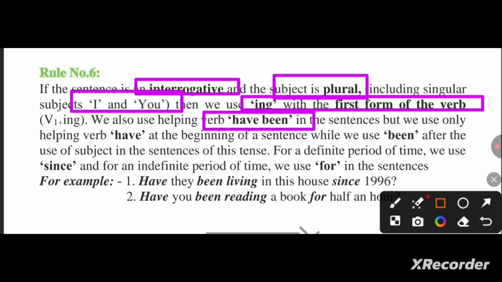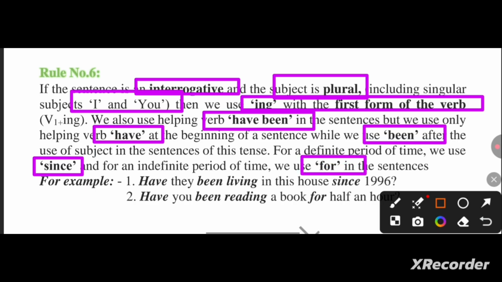But again, we have to keep in mind that we have to use only have at the beginning of a sentence, and been is used after the use of the subject. For a definite period of time, we use since, and for an indefinite period, we use for.